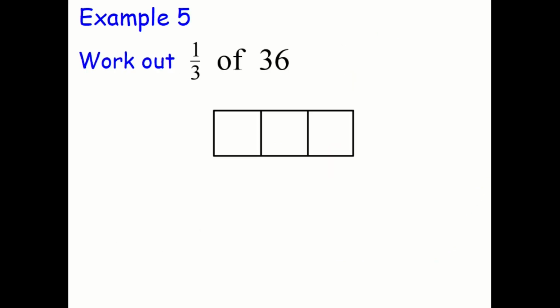Example 5. Work out 1/3 of 36. So we can think about this as 36 divided by 3, which is 12. We can think about it as a picture where the full bar is 36, and I've got to split it into 3 equal pieces.